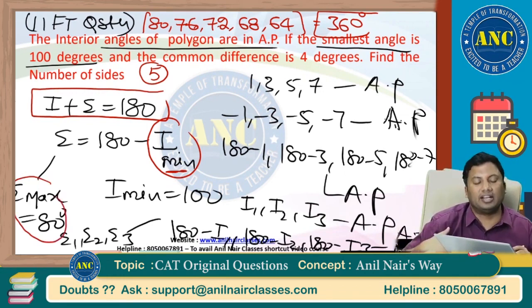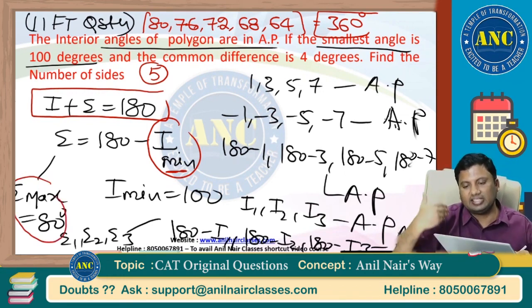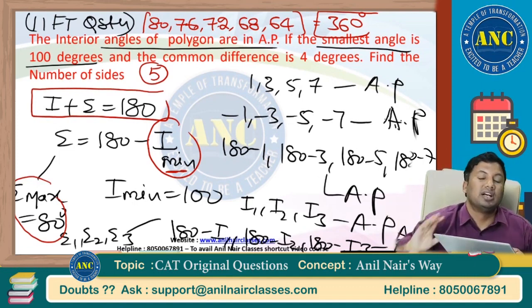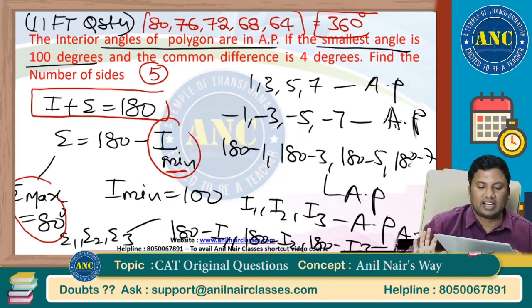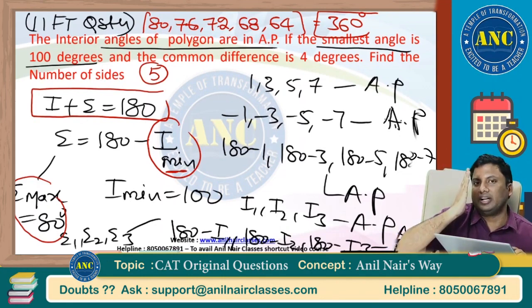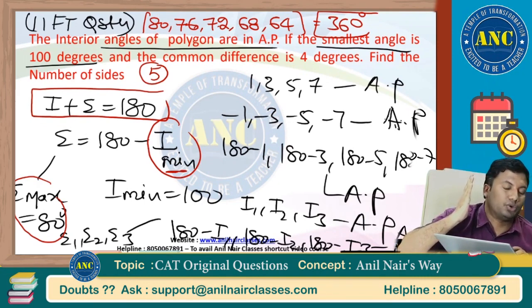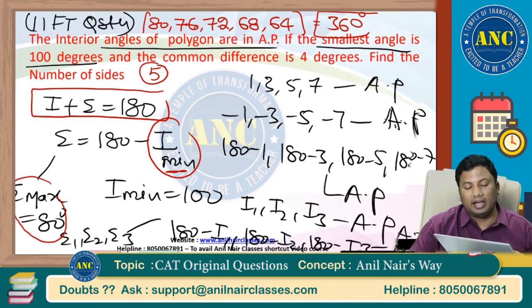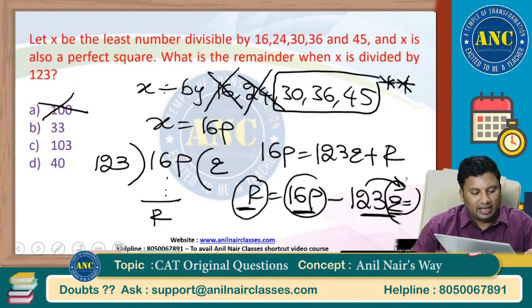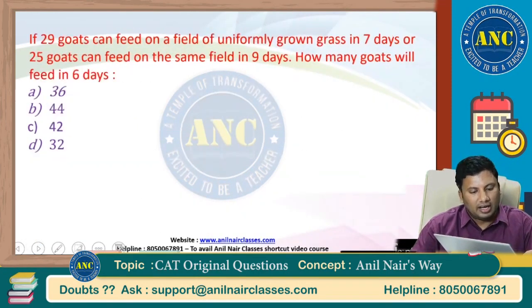Series common difference is 4. 80, 76, 72, 68, 64. Sum of all exterior angles is 360. 5 exterior angles are there, 5 sides. Beautiful questions, non-formula based. Otherwise, you will use n by 2 into 2a plus n minus 1 into d. I hope this logic is clear. These also we solved. Next one.